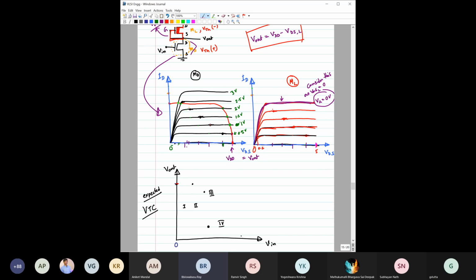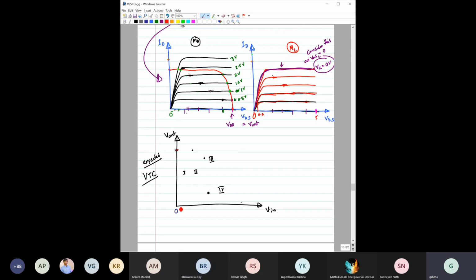Yes, sir. Initially it will be fixed. So say this is the threshold voltage, VTH of the driver. Until you cross the threshold voltage of the driver, your output voltage is going to be fixed at VDD.